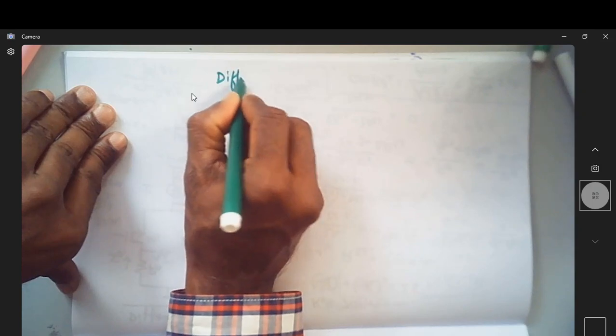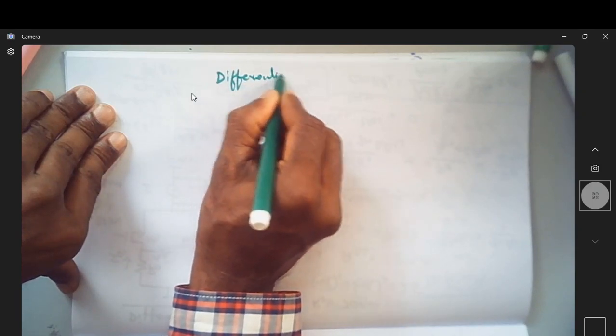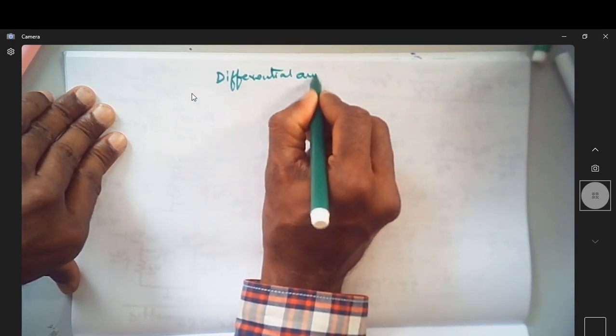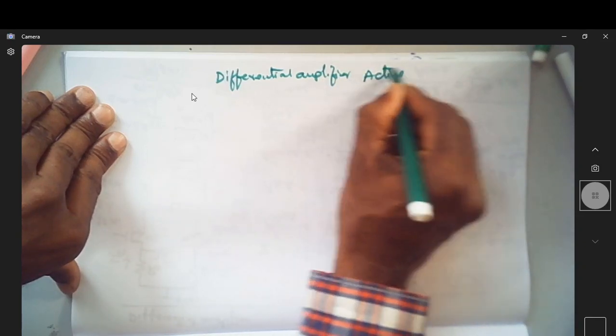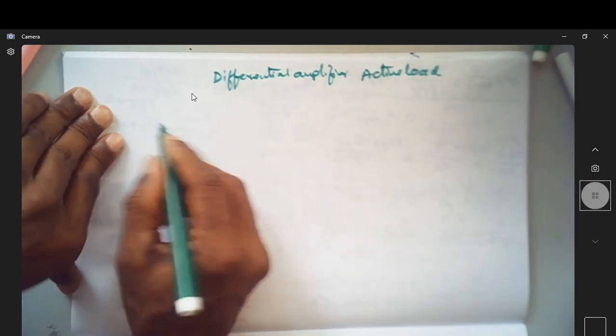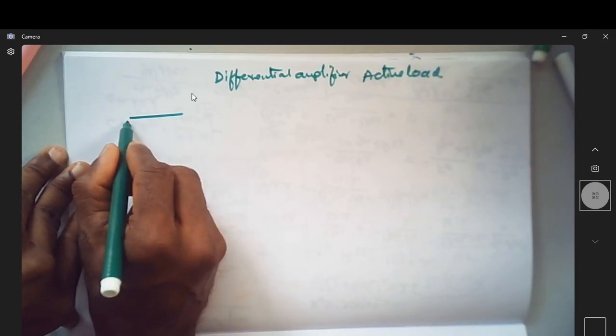Okay, let us move on to active load amplifiers. So let me write the differential amplifier. This is a differential amplifier with active load.